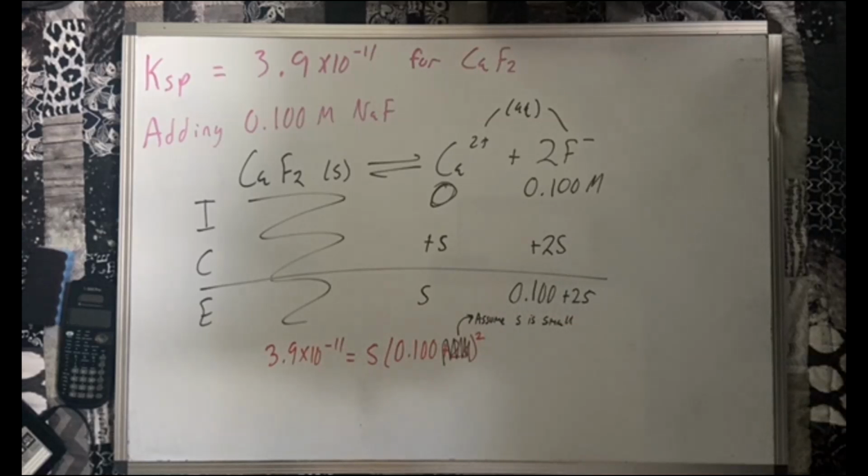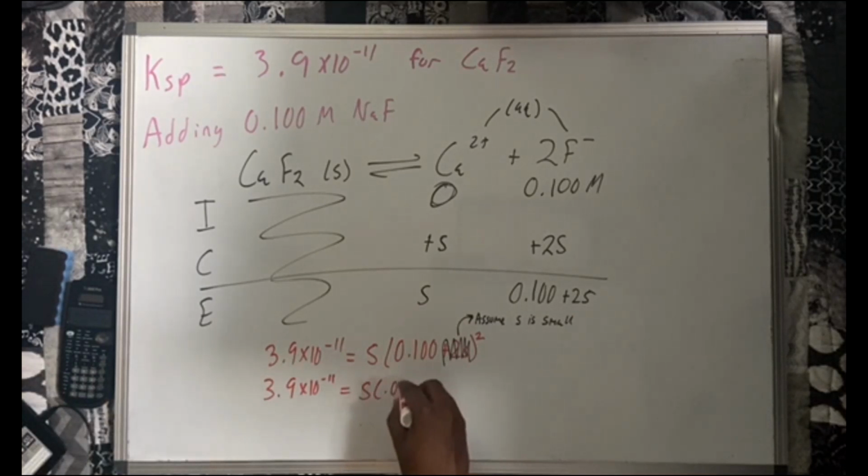Okay, so this equation turns into 3.9 times 10 to the negative 11 equals S times whatever 0.1 squared is. Don't get rid of that one because it's not being added to anything. This one is just being multiplied, so I keep it. 0.0100. I'll keep the 3 sig figs.